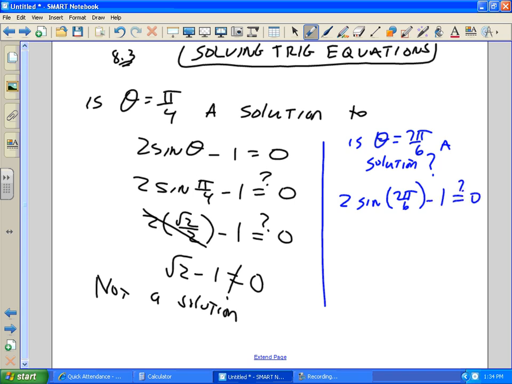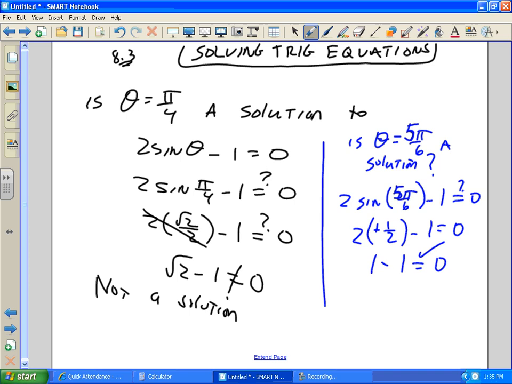What is the sine of 7 pi over 6? Negative a half. So 2 times negative a half minus... I think I should have done 5 pi over 6. Let's do 5 pi over 6. What is the sine of 5 pi over 6? Positive a half, and we get 1 minus 1 equals 0. Yes, it is a solution, sorry.